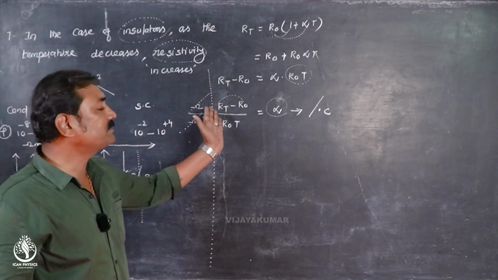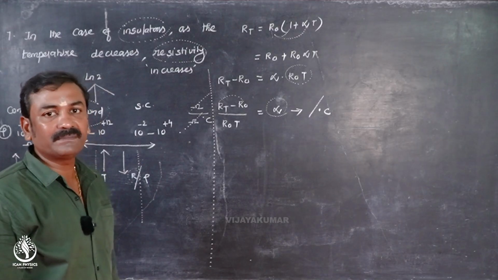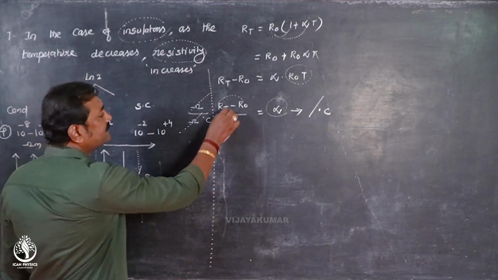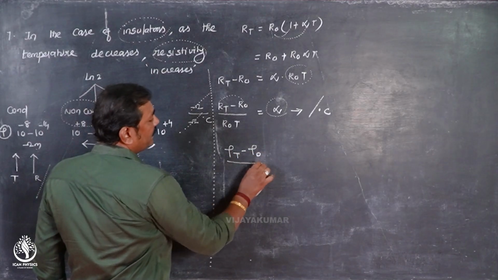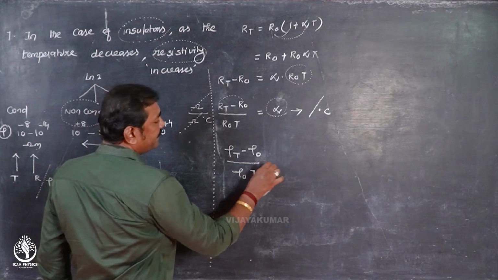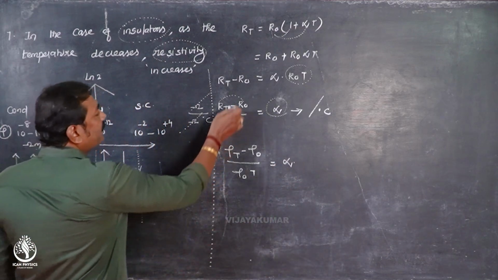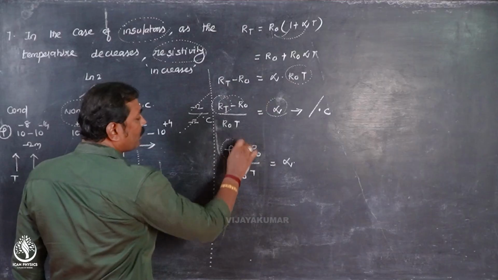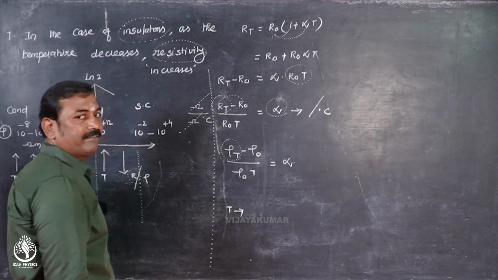Okay. So this is by using resistance. The same formula can be written by using the resistivity. That is rho_T minus rho naught divided by rho naught T equal to alpha. So here R_T or rho_T is the value at a given temperature.